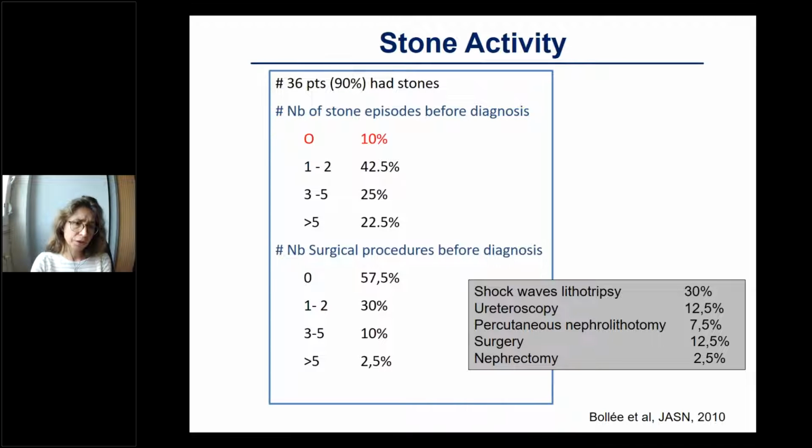One quarter of patients have 3 to 5 stone episodes, and some have more than 5 episodes. Many patients have no surgical procedures before diagnosis. One third of patients had 1 or 2 surgical procedures, mainly shockwave lithotripsy or ureteroscopy. And some patients had more surgeries, including nephrectomy in one case.